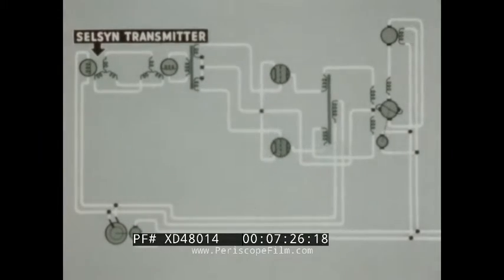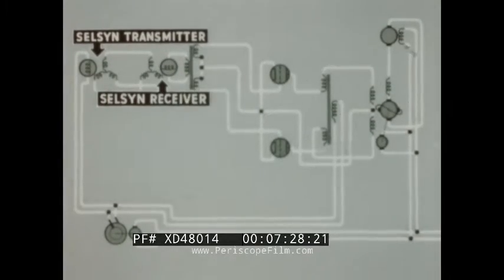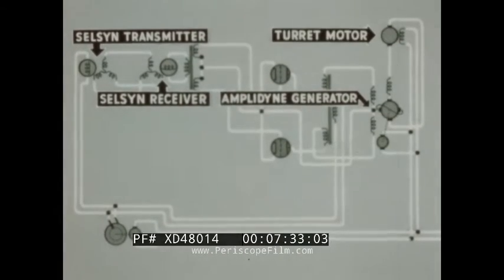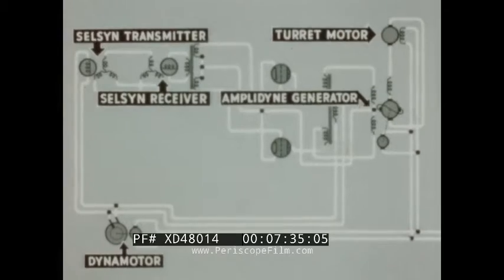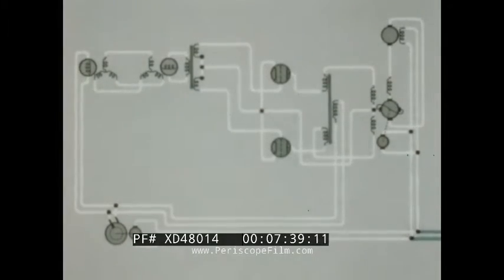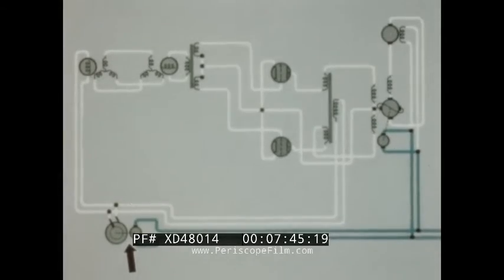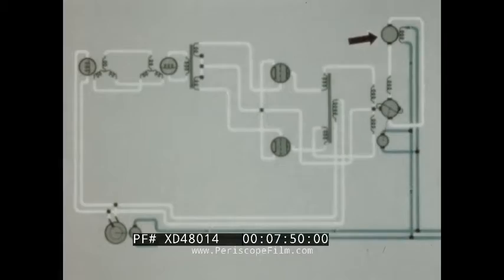The transformers and tubes are connected into the system with the Selsyn transmitter, Selsyn receiver, amplidyne generator, turret drive motor, and dynamotor. The DC power supply continuously drives both the amplidyne generator and the dynamotor, and also excites the field of the turret motor.